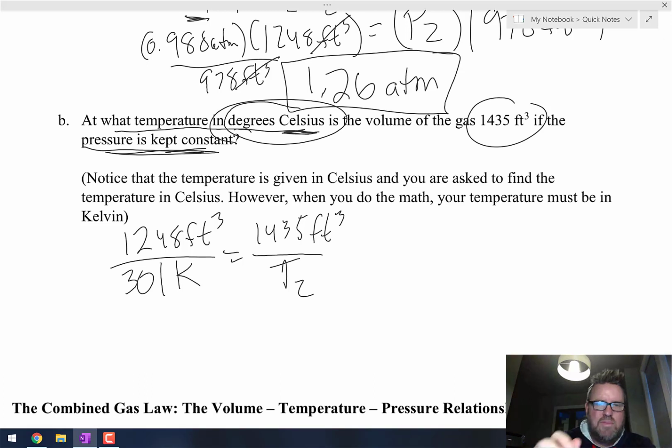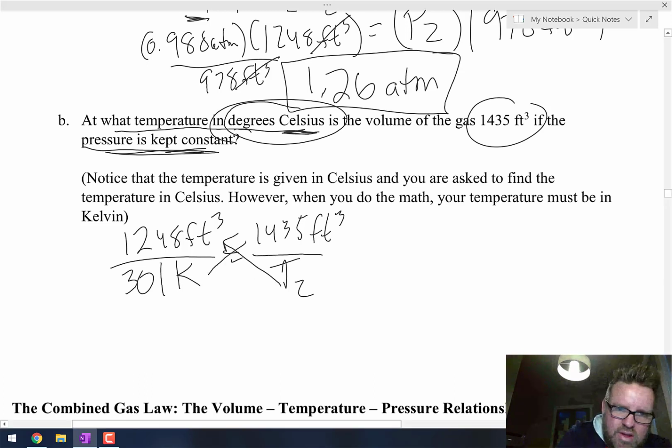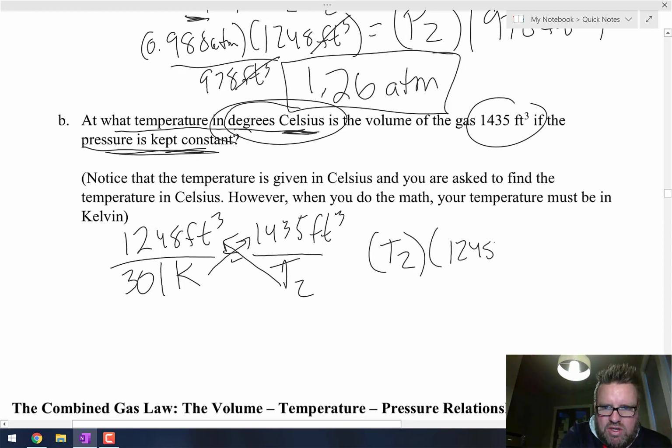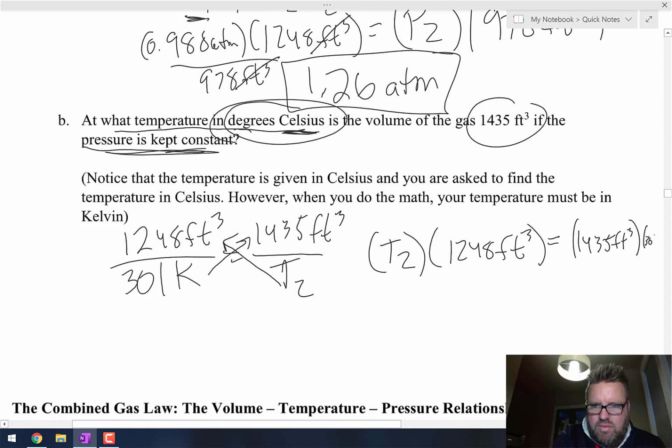Okay, so once again, I'm going to cross multiply. The T2 comes up here, the 301 comes up there. And remember, I have to get T2 by itself. So after I cross multiply, the equation looks like this. And then we've got our 1435 cubic feet times the 301 Kelvin.